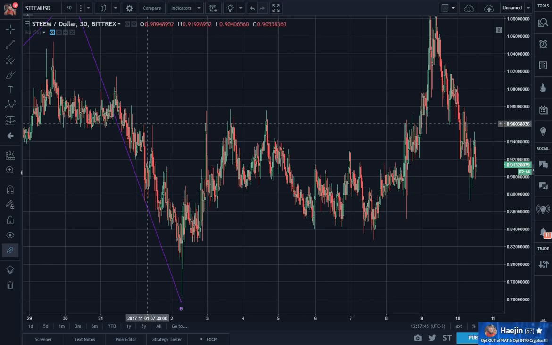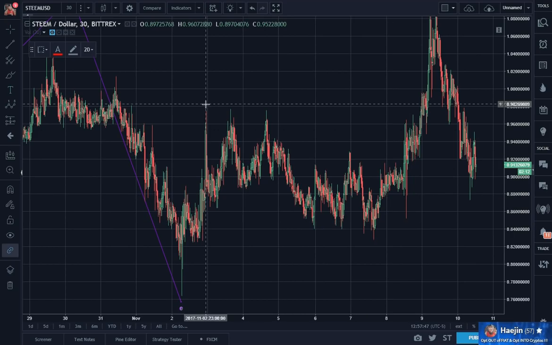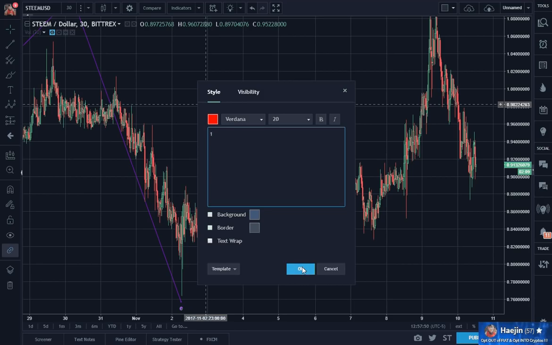I cannot do partial labels on this, I forgot, so I have to do this manually.